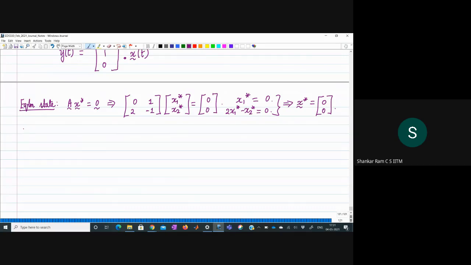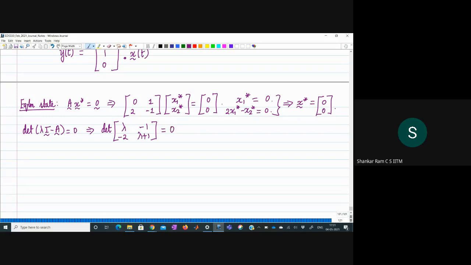Now the next step is to figure out the eigenvalues of the state matrix. We need to calculate the determinant of lambda I minus A equal to 0. We have the determinant of [lambda, minus 1; minus 2, lambda plus 1] equal to 0.